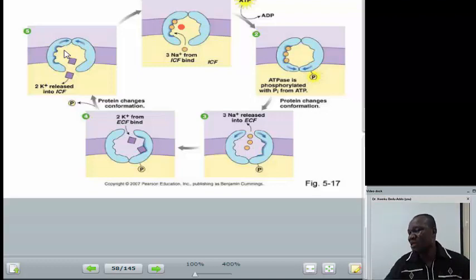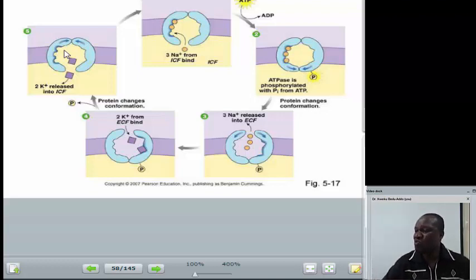As long as there is energy, the movement will continue and sodium will be moved from the interior of the cell to the exterior, from a region of low concentration to a region of high concentration.